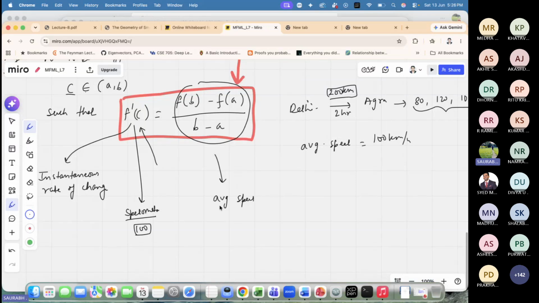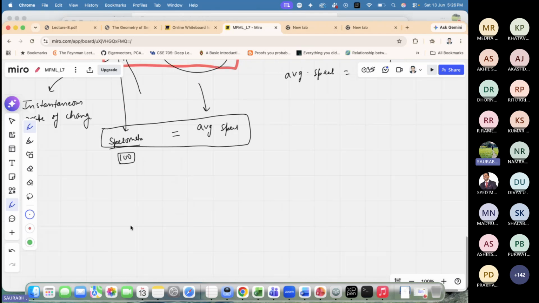So the right hand side is the average speed. So what this theorem says is, think of it as, if I draw it clearly, and the people who made those slides have done really good work in demonstrating it.